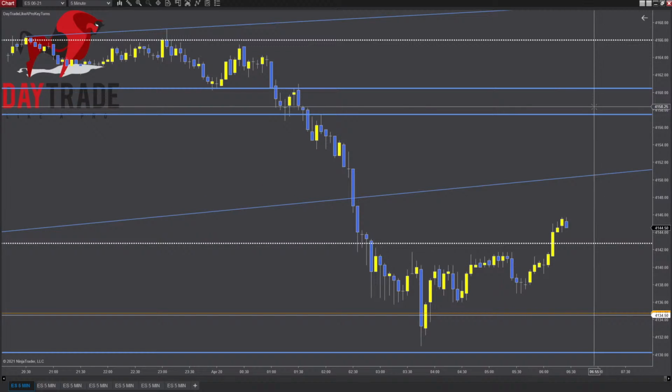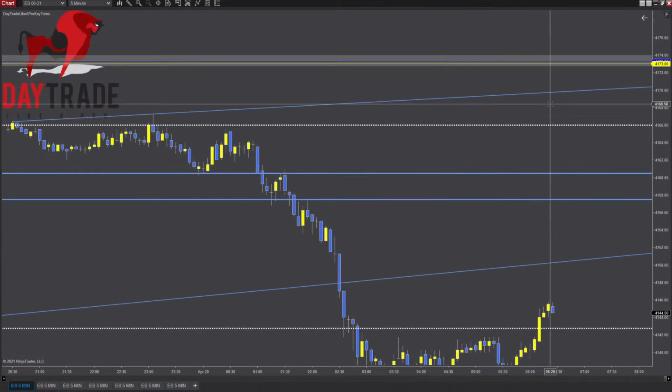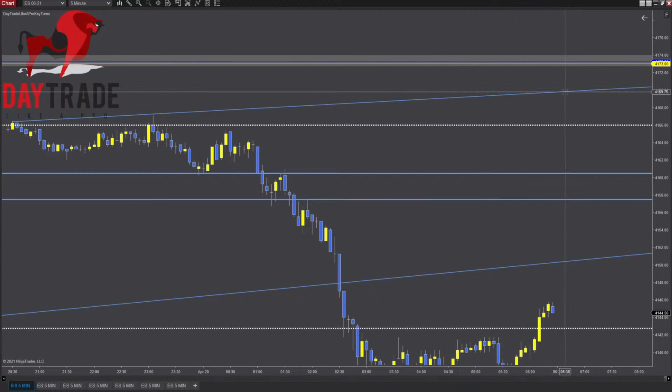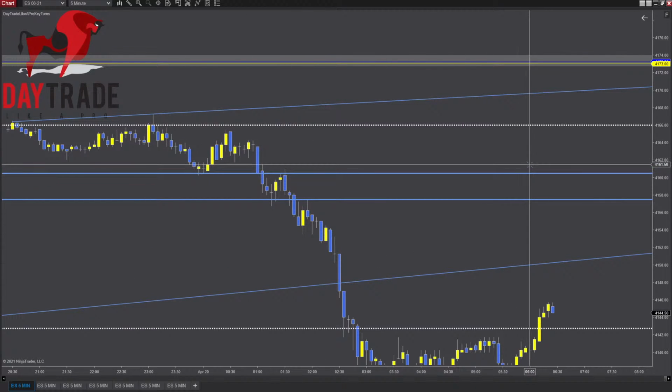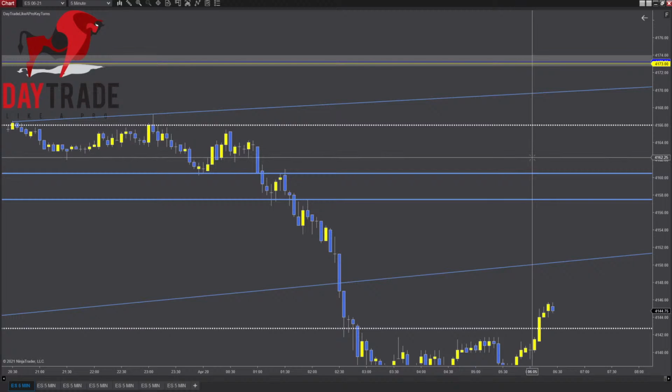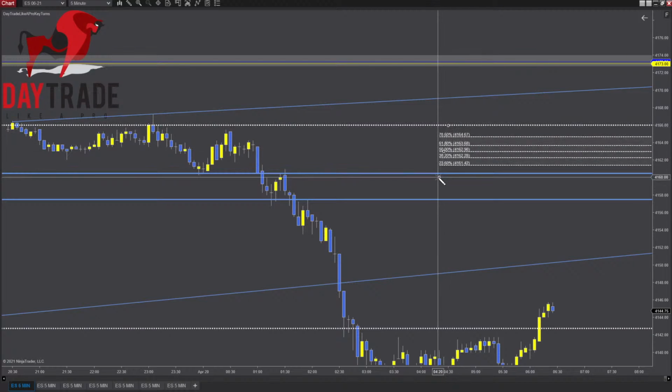Up above there, we would still need to see a breakout up above here and then breaking out. Let's see, up above, let's call it, so we would still need to break out above, we could call it the 62.50 area. Maybe even the midpoint of these just to be safe.